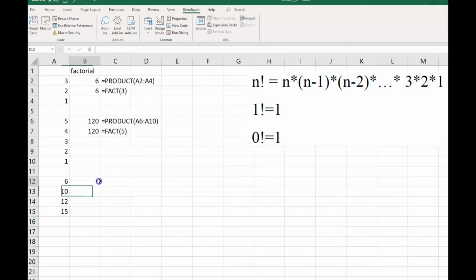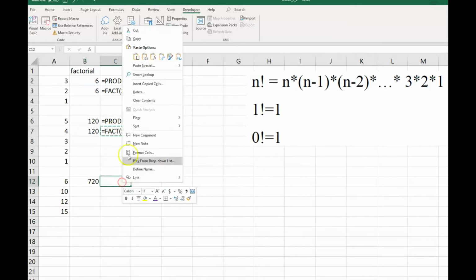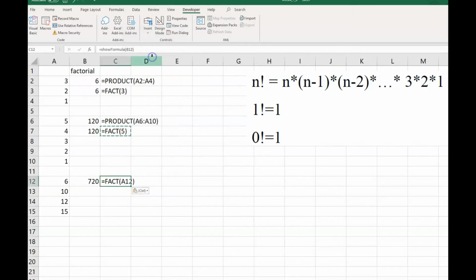So let's directly use this FACT function. So FACT, what is factorial of 6? Okay, 720. So let's get the formula. Okay, actually it's FACT 6.